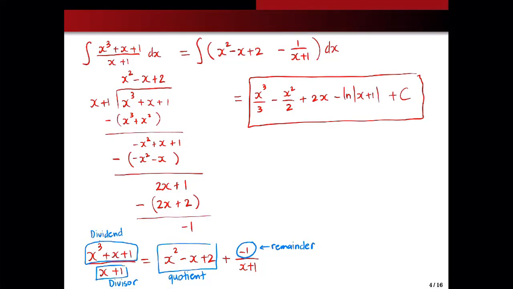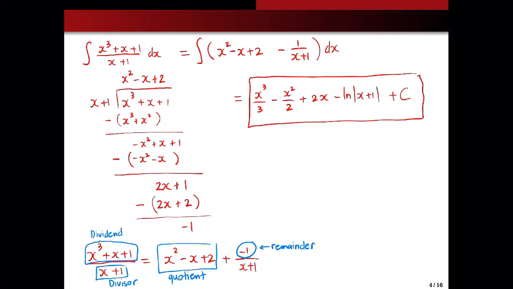So in this example, we didn't do any partial fraction yet. We just did long division. So if you have rational functions which are improper, you do the long division. That's the first step.